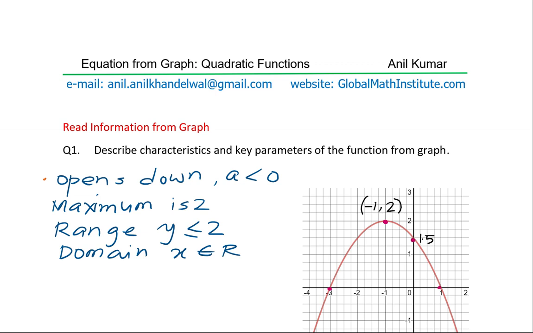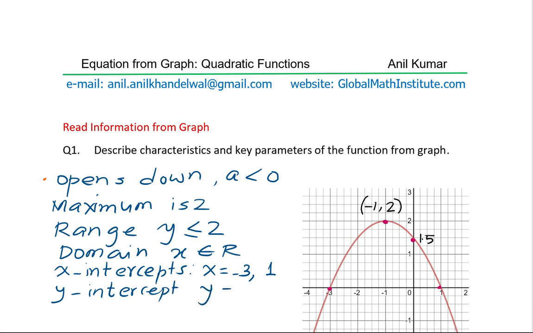The x-intercepts are at x equal to -3 and 1. The y-intercept is at y equals 1.5.